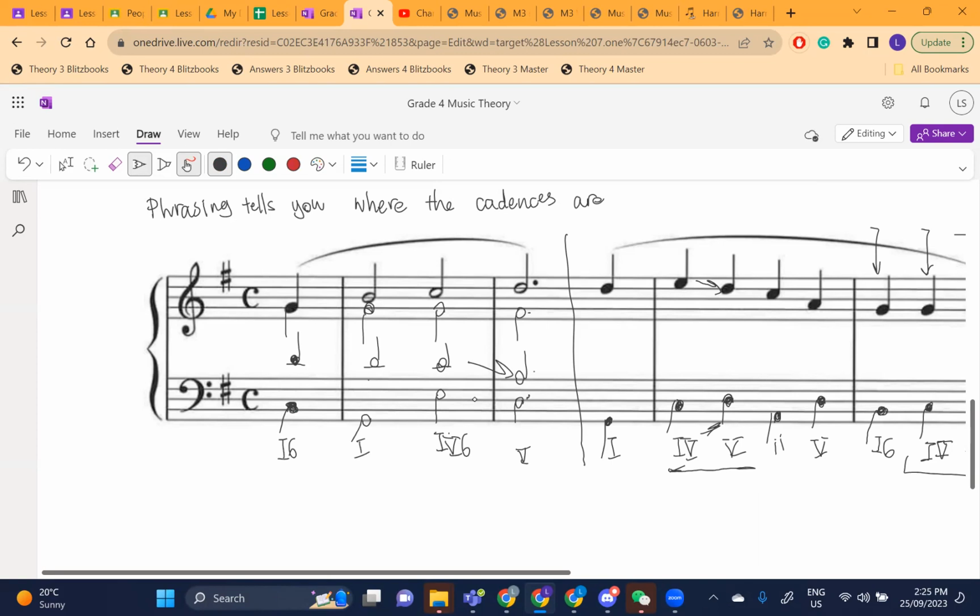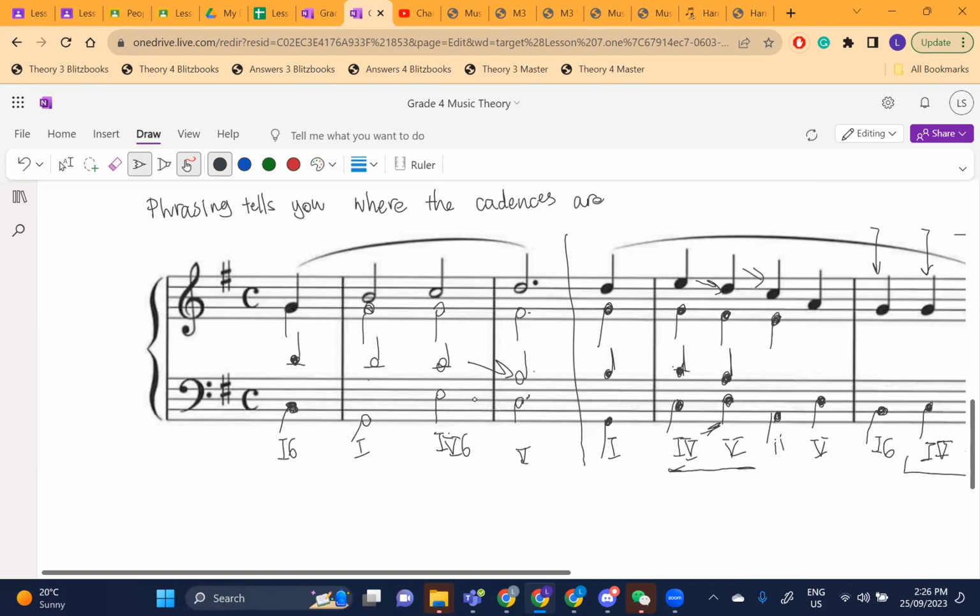And now make this a B, make that a G. G here, C here. Make sure everything goes down. That's crucial when you're writing 4 to 5, everything goes down.